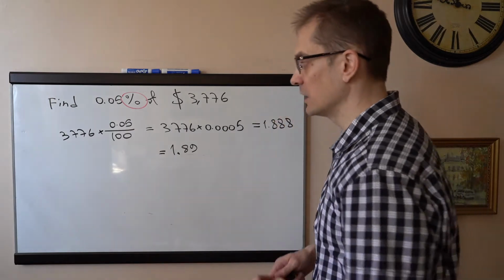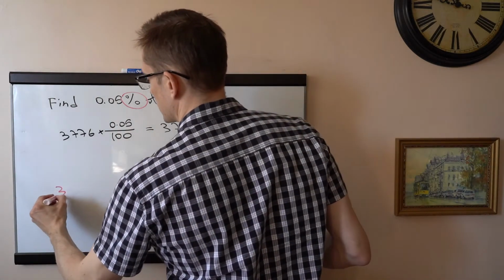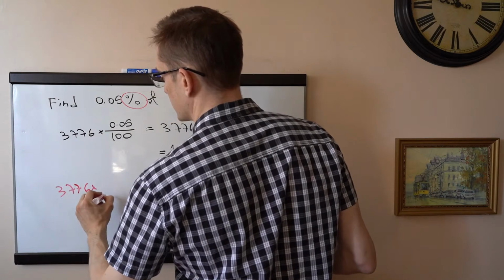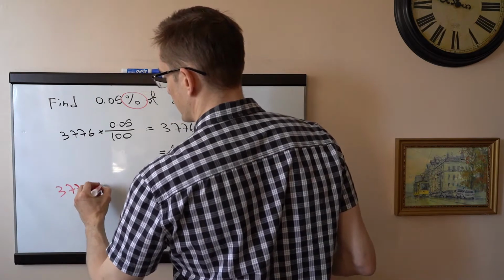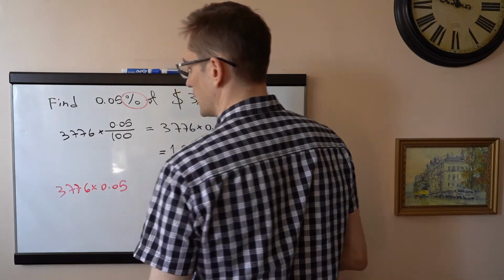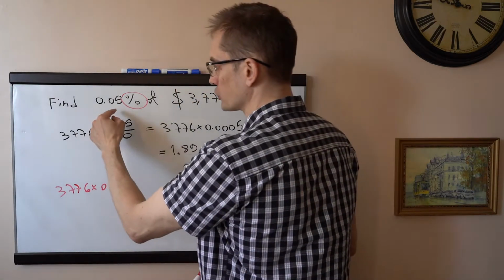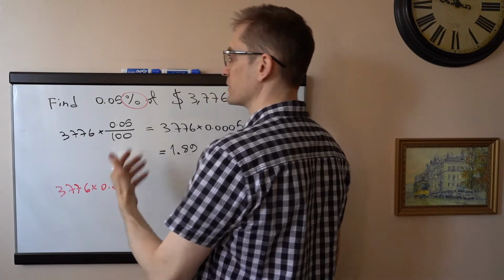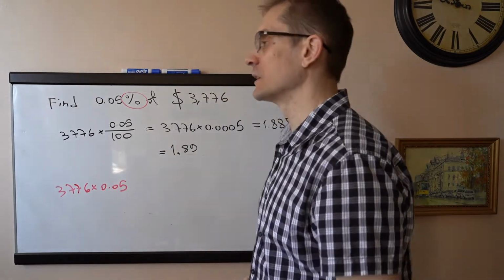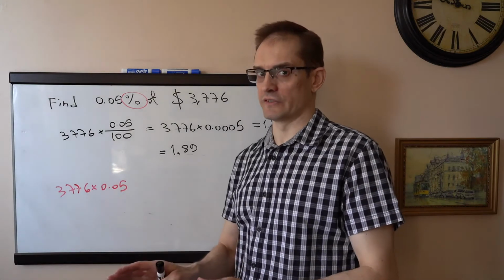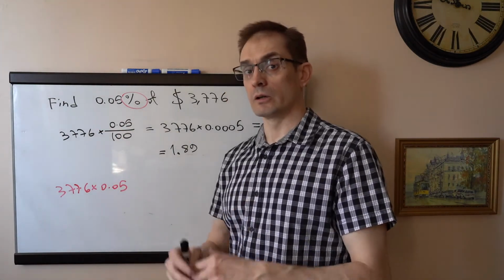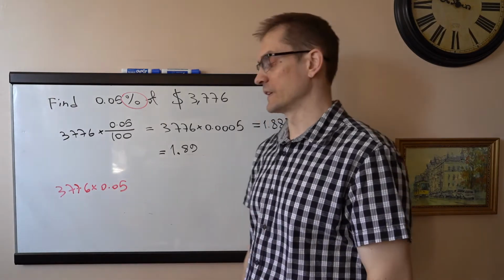Incorrect solution then would be like this: 3,776 multiplied by 0.05, right? Many people would solve this problem like that. They would multiply by 0.05. Why? Because for some reason they would begin to think that already they are given 5%, and already they are given this decimal or rate per one for that 5%.